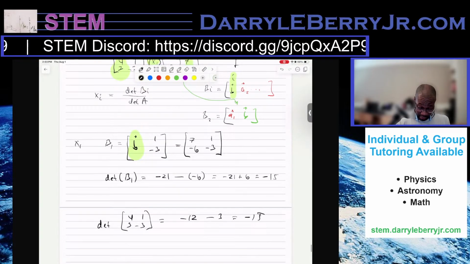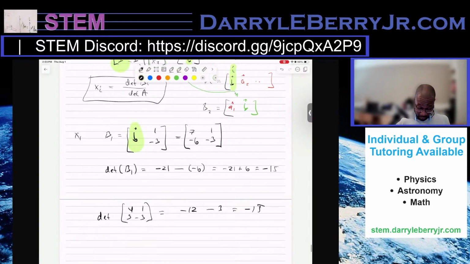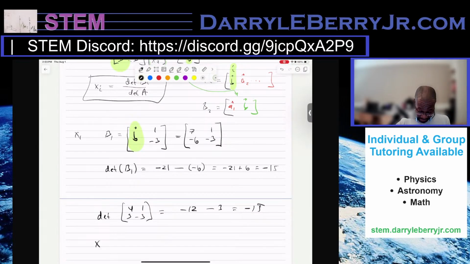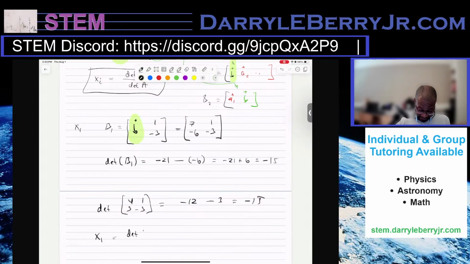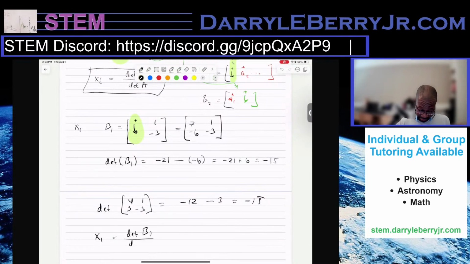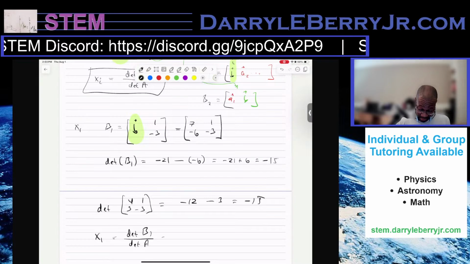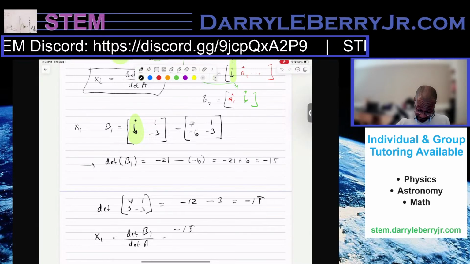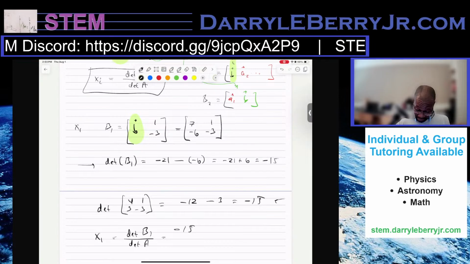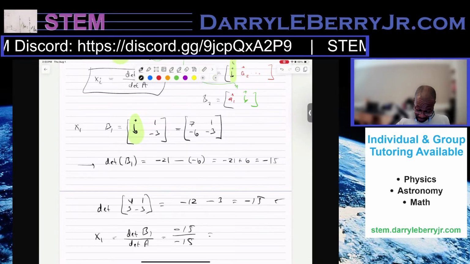So Cramer's rule says I want xi, so in this case I want x1, so that's going to be the determinant of B1 over the determinant of A. I got my determinant of B1 here, -15, my determinant of A here, -15, so that's how we got 1.